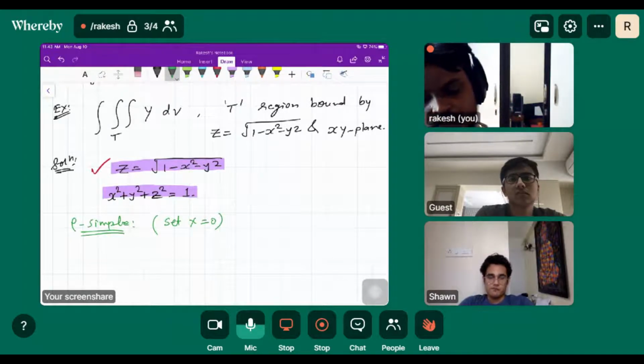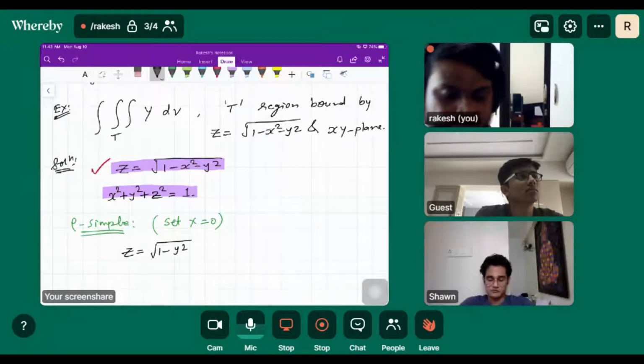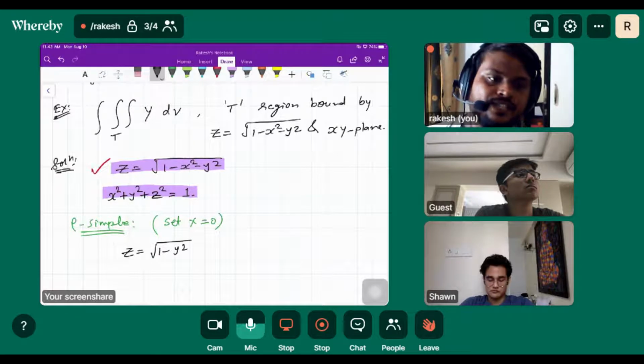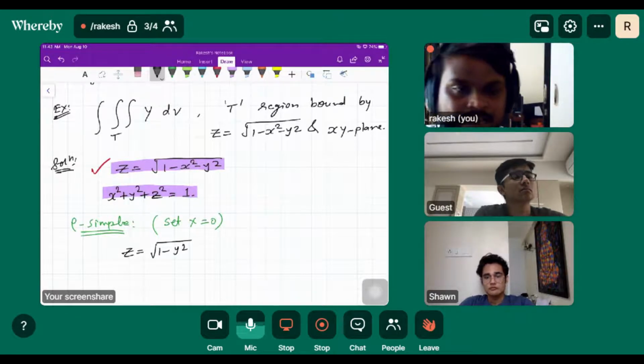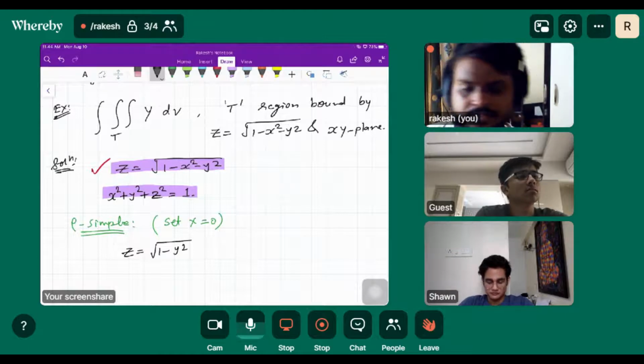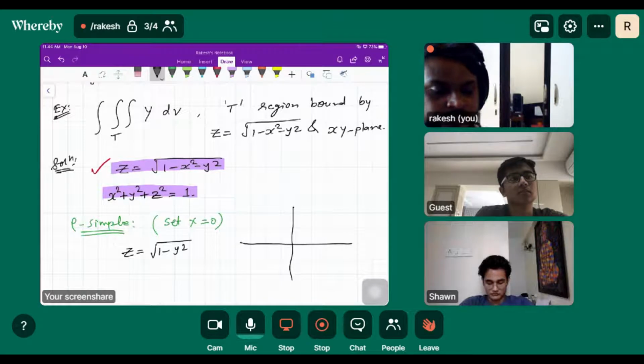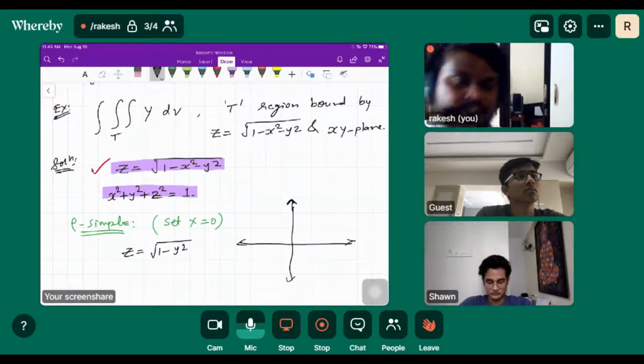So if you set x is equal to 0, so z is equal to root 1 minus y square. Okay. So z is equal to root 1 minus y square is, it's a what? It's a semicircle, isn't it? Now can you understand this? Like I was explaining in terms of hemisphere.